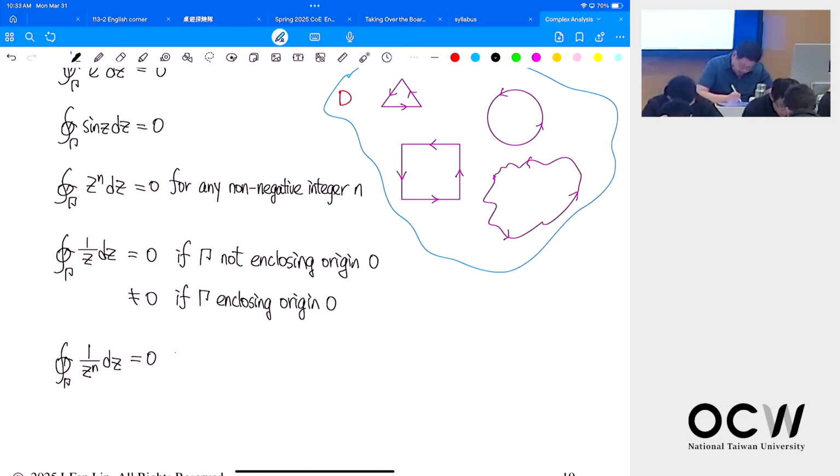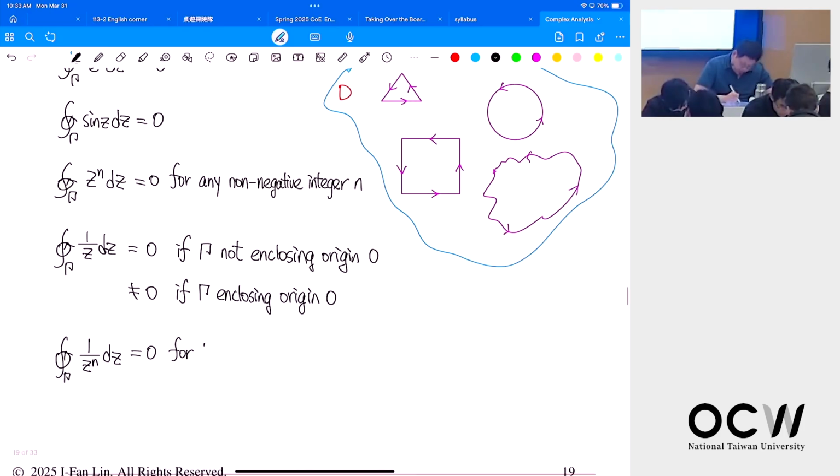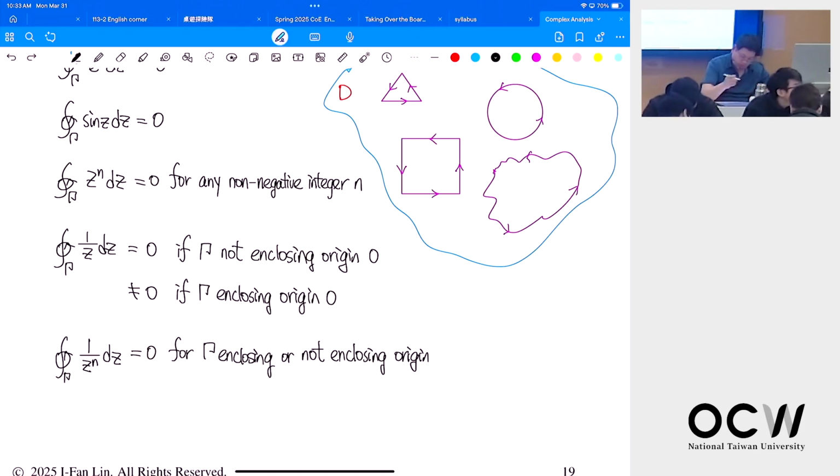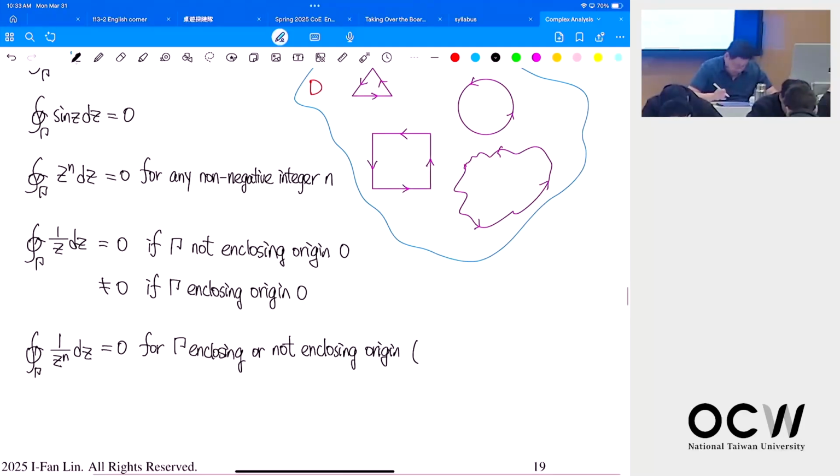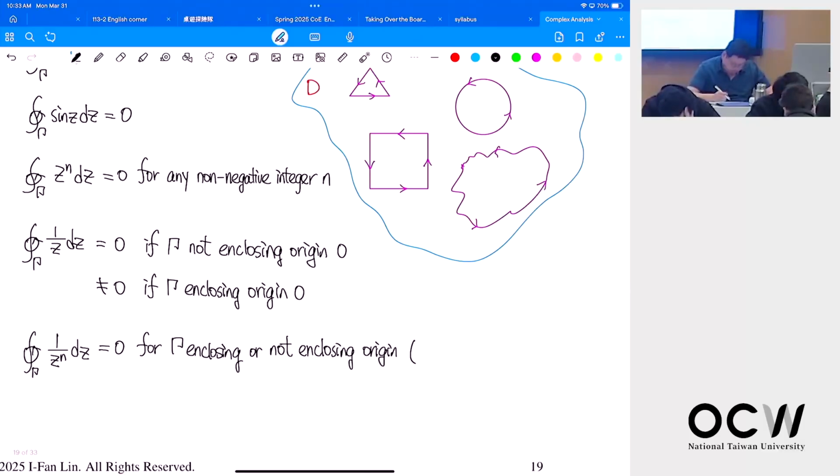And I really don't care about this curve enclosing the origin or not enclosing the origin. And also this n is a positive integer greater than or equal to 2.